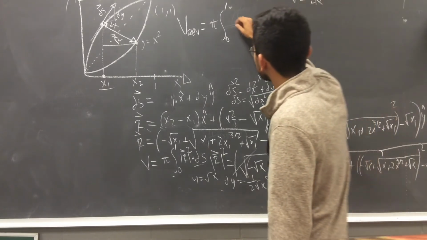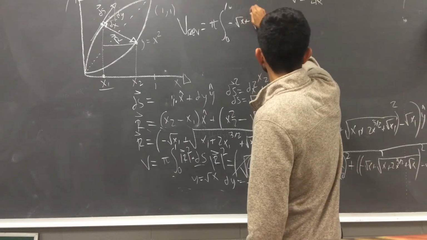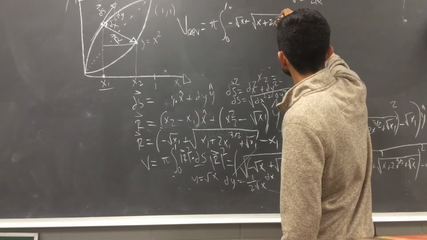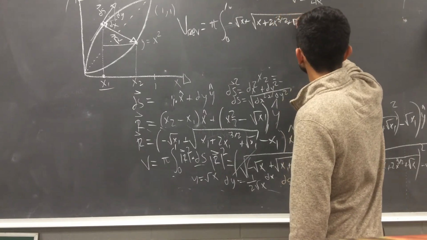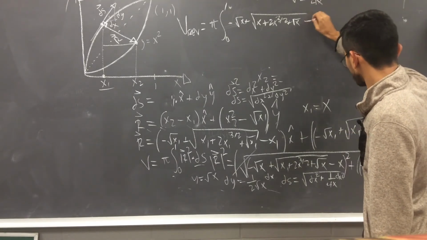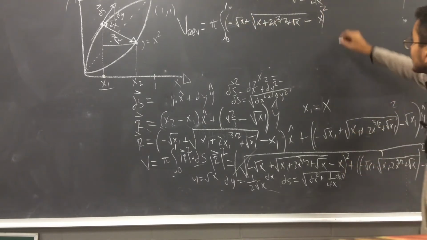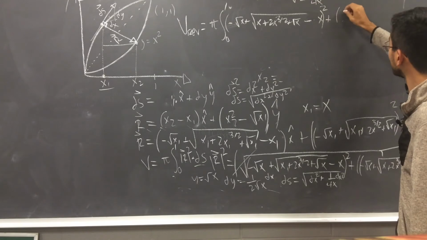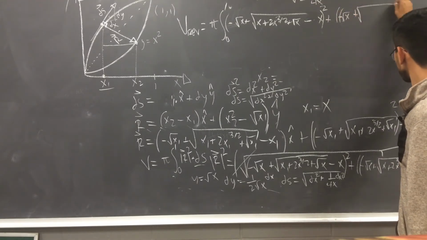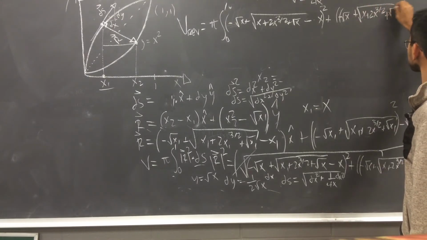So let's see what happens. So minus the square root of x plus square root of x plus 2 x to the 3/2 plus root x, and then minus x, all of that squared, and we're going to add negative root x plus the square root of x plus 2 x to the 3/2 plus root x.